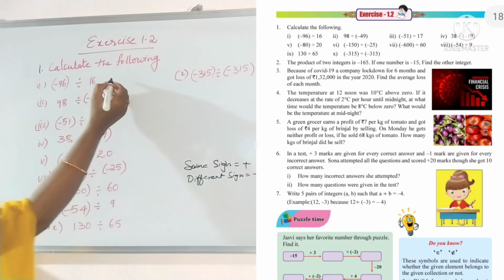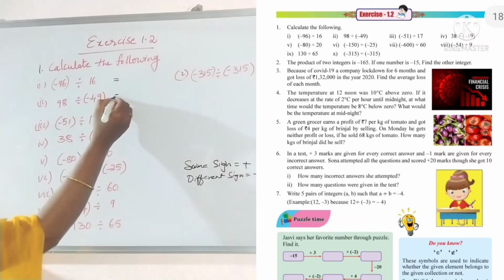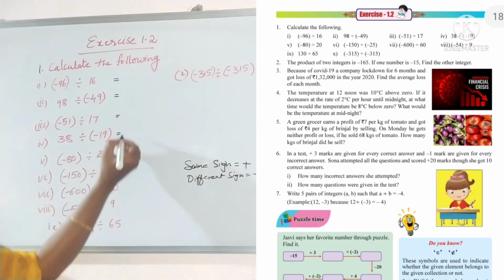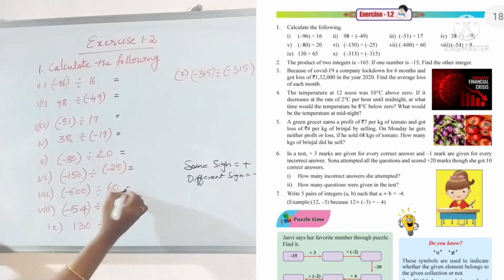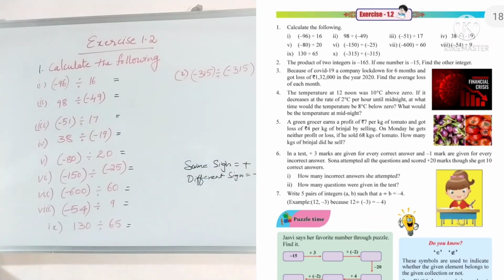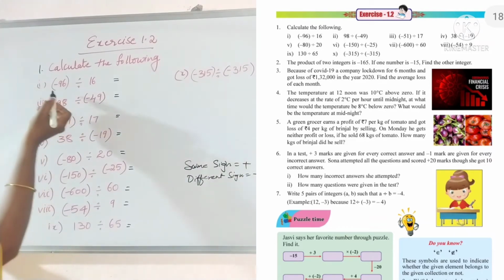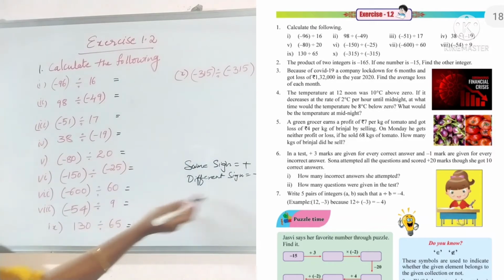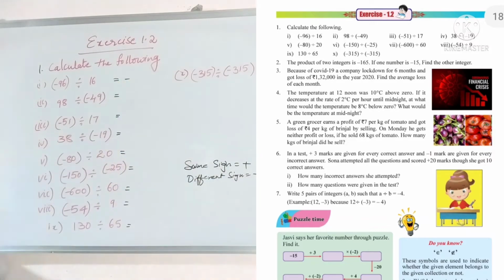Okay. So now we will see what is our first problem. Our first problem, minus 96 divided by 16. So here both the integers have different signs. So the answer will be negative. 16 sixes are 96.